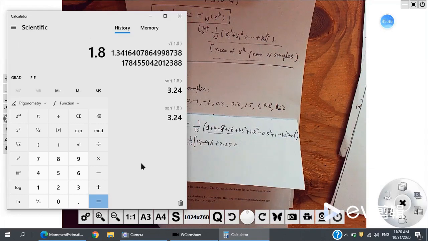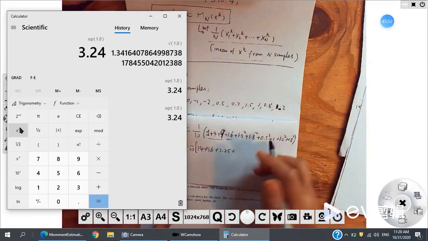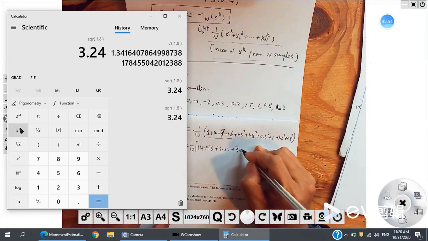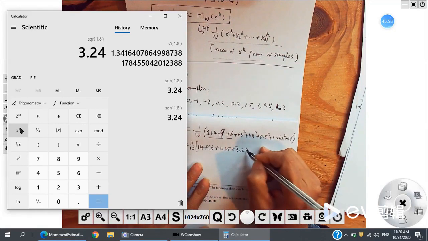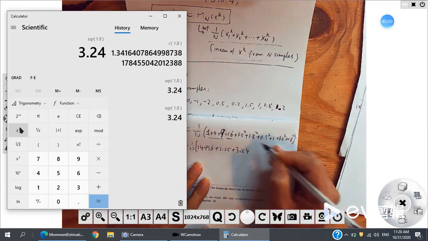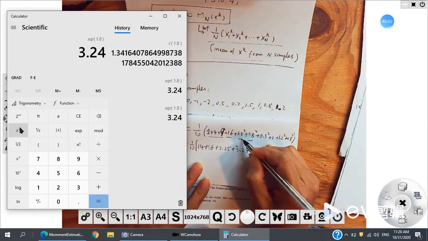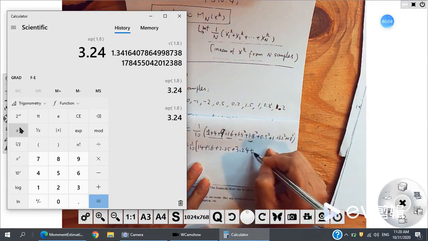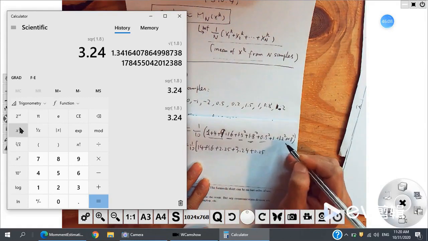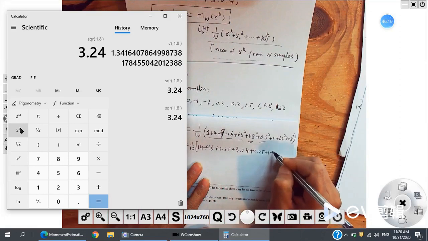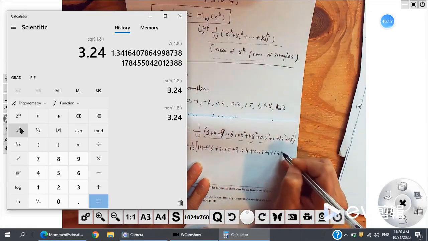Here SQR is just square. It's confusing. Okay, this is 3.24. This is 1.8 squared. And 0.5 squared is 0.25, and 1 is still 1, and 1.2 squared is 1.44.